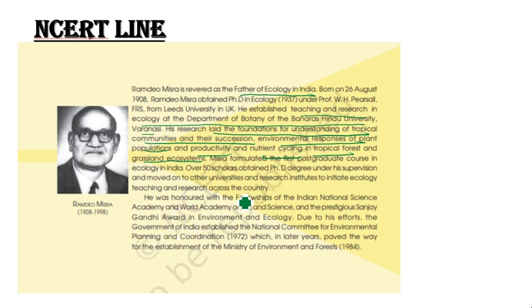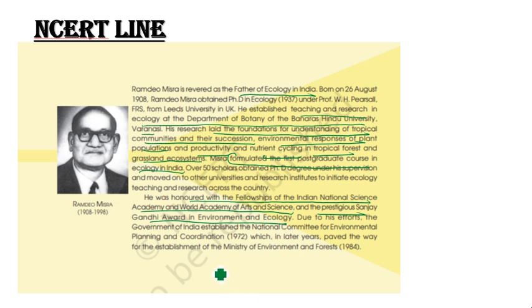Now see, next if you go down, he formulated the first PG course, or the postgraduation degree course, for ecology in India. Next, he was honored with, mark this line, fellowship of the Indian National Science Academy and the World Academy of Arts and Science and the prestigious Sanjay Gandhi Award in Environment and Ecology.